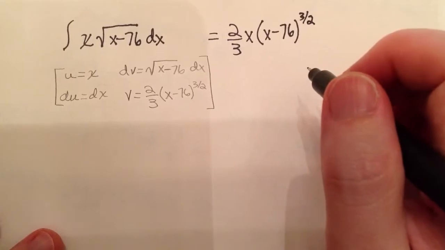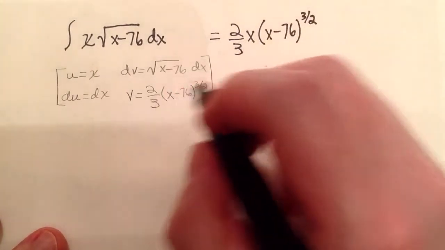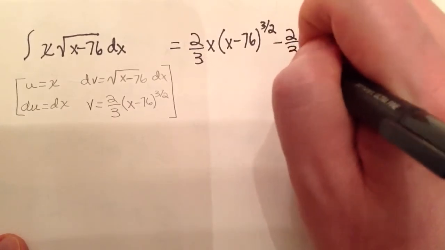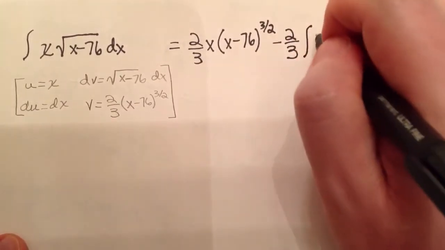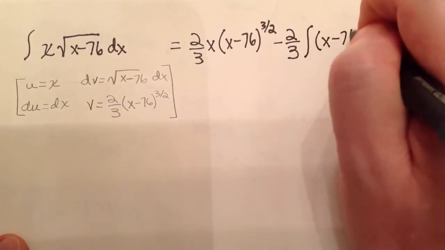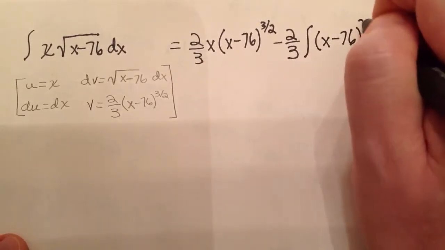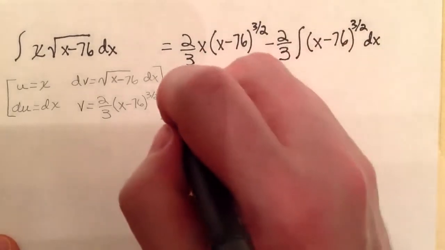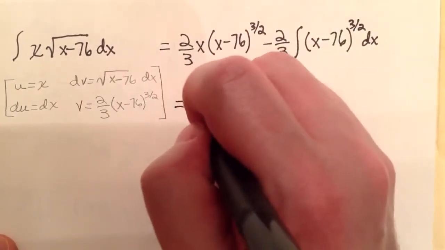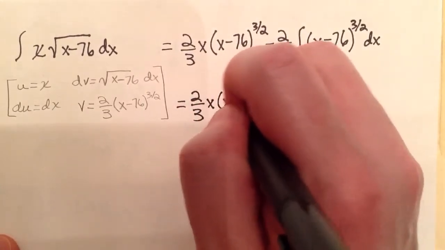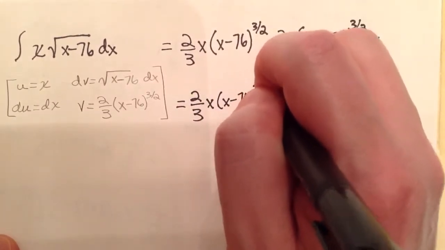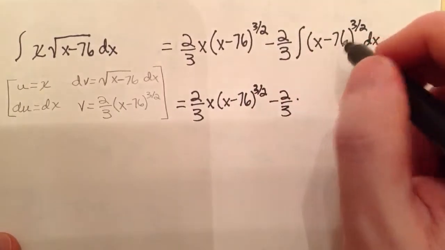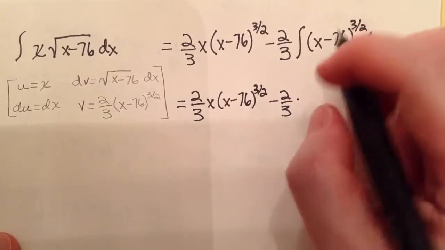Then we have minus the integral of v times du, and we can drag the 2/3 to the outside of the integral. So we have minus 2/3 of the integral of x minus 76 to the 3/2 dx. As we follow through with the second integration, here we're looking at negative 2/3 and the antiderivative of x minus 76 to the 3/2.